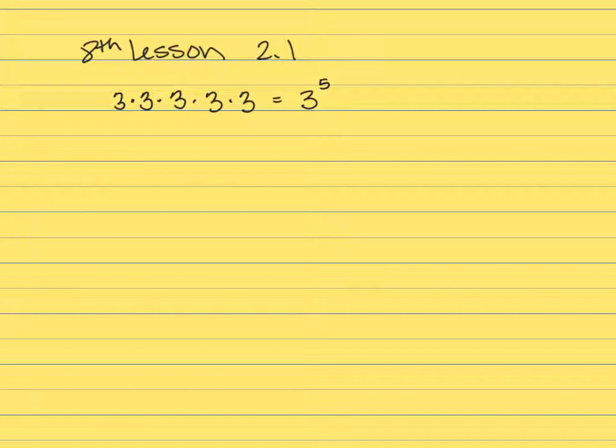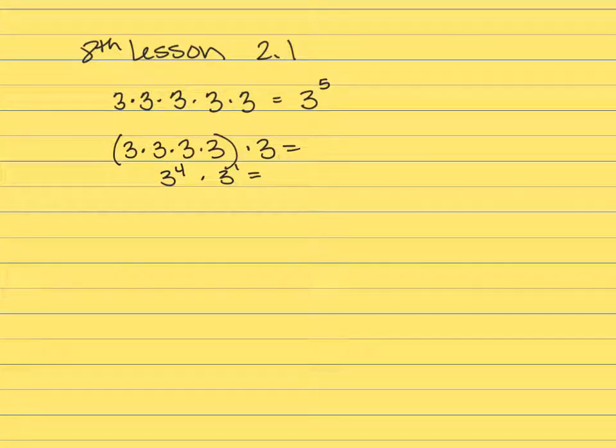Something that I want to point out to you is if I regrouped this and I said, okay, I'm doing 3 times 3 times 3 times 3, and all of that times 3 as well. I'm still multiplying 3 times 3 times 3 times 3 times 3, but I've grouped them like this, where it's kind of like 3 to the 4th times 3 to the 1. But I'm still really doing 3 to the 5th power. 4 plus 1 is 5, right?